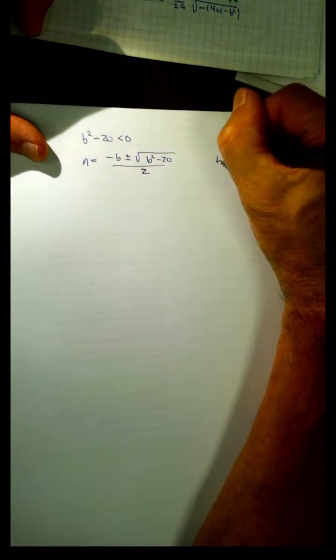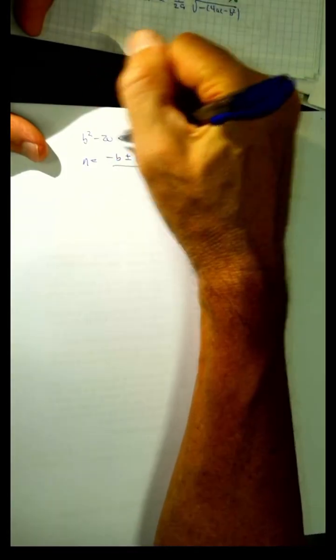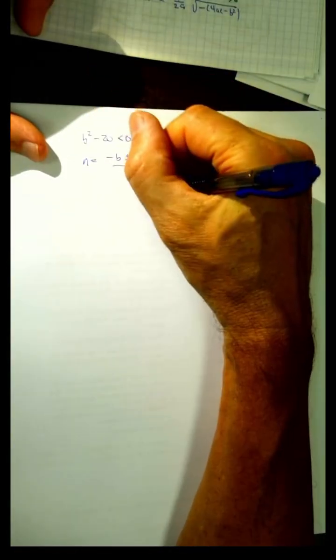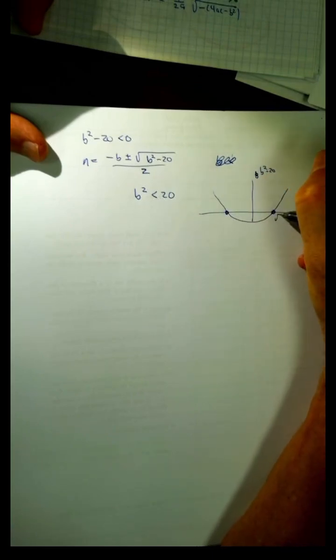So let's rewrite our equation for n. n is minus b plus or minus the square root of b squared minus 20, over 2. And we're going to assume that b is, let's be careful here. We have b squared minus 20 is less than 0. So b squared is less than 20. What does that mean? If I look at this b squared minus 20, it's going to be 0 at square root of 20 and minus square root of 20.